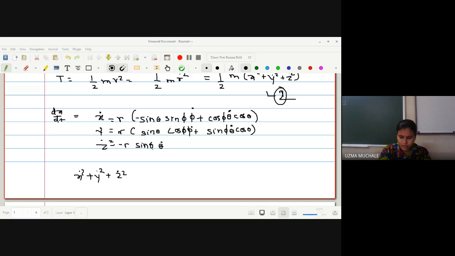Okay, what is x dot square? R square sin square theta sin square phi into phi dot square plus r square cos square phi cos square theta theta dot square. As it is a minus b whole square, you have to use the formula of a minus b square, correct? So minus 2 times r into those two terms, a into b. Similarly, you can evaluate for y dot square. Do the calculations and tell me the answer.